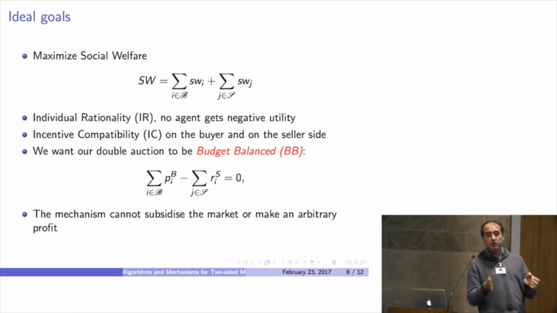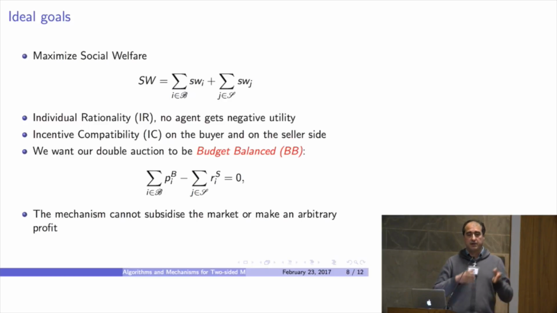But then we have another important property, that the mechanism must be budget balanced. That means that all the money that comes from the consumers must be transferred to the providers. So the mechanism cannot subsidize the market or make an arbitrary profit.